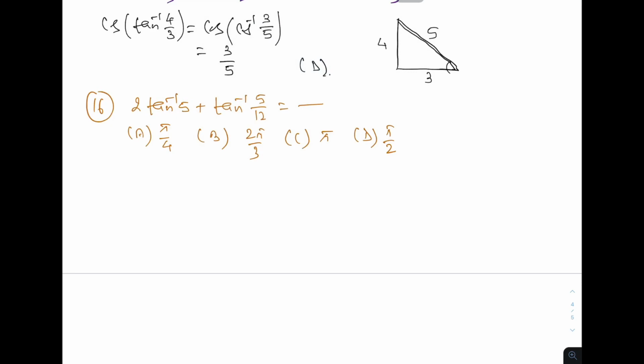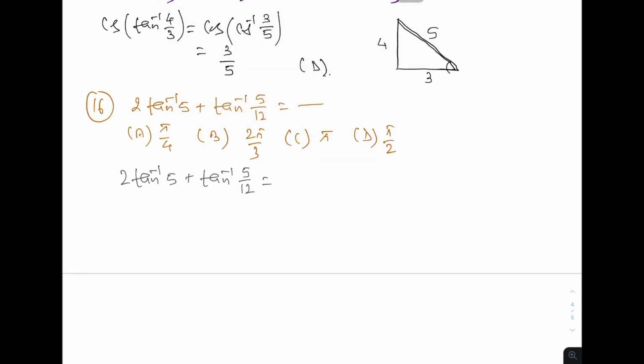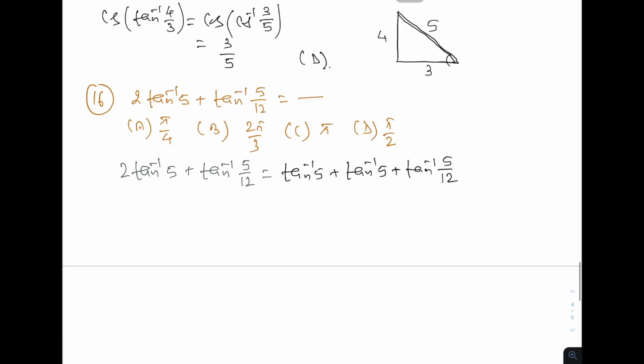So here, 2 tan inverse 5 plus tan inverse 5 by 12, can I write it like this: tan inverse 5 plus tan inverse 5 plus tan inverse 5 by 12.